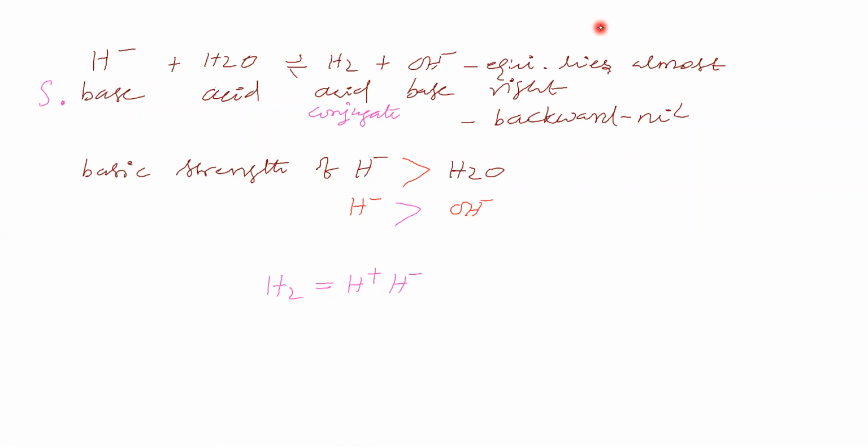So H minus conjugate is H2, H2 conjugate is H minus. Now we are saying H minus basic strength is even greater than OH minus. Therefore, H minus is a strong base. Strong base means that basic strength is even greater than OH minus.